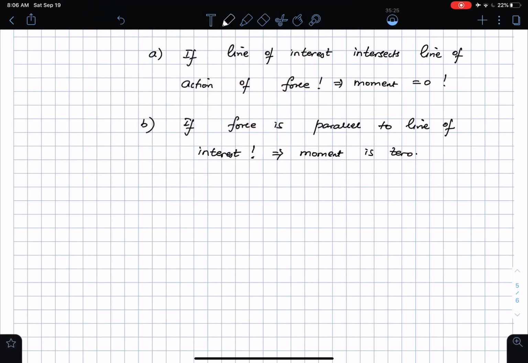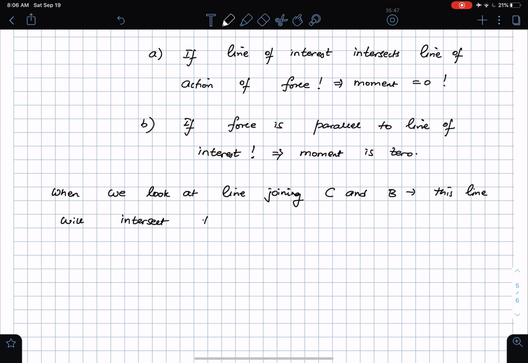So, back to our problem. When we look at the line joining C and B, this line will intersect the line of action of the force.